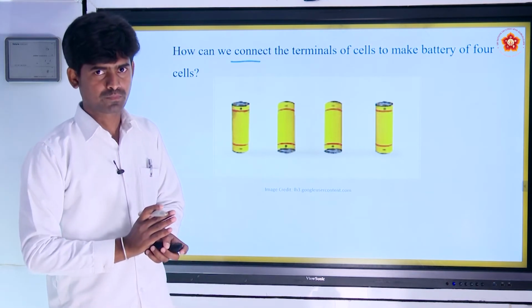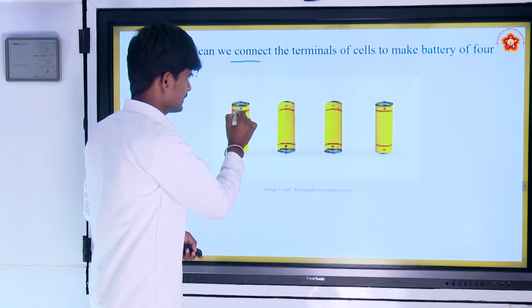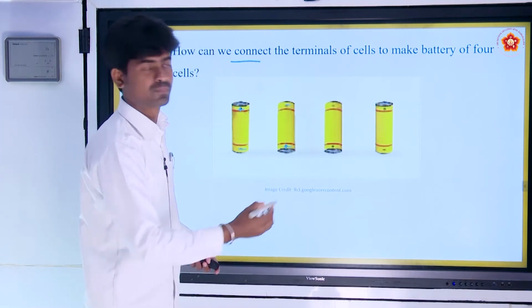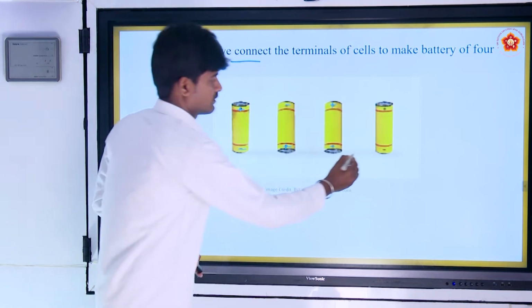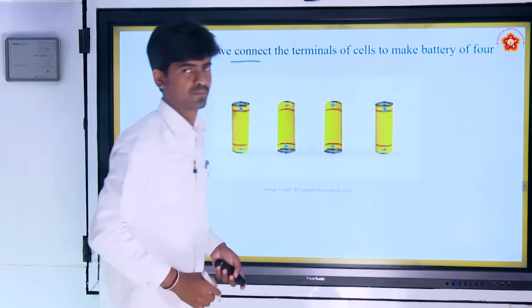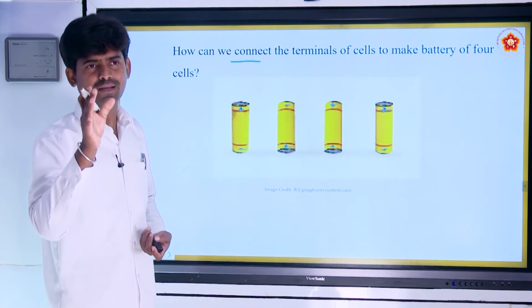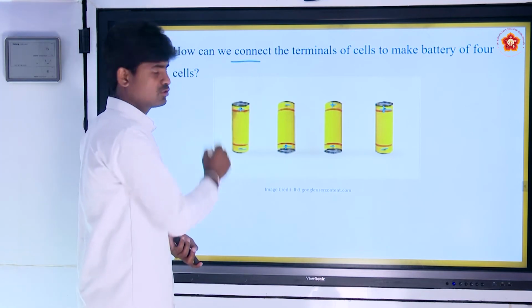See, negative terminal, positive, negative, positive, negative, positive. You already know how the terminals are to be connected. First, from negative into the positive.